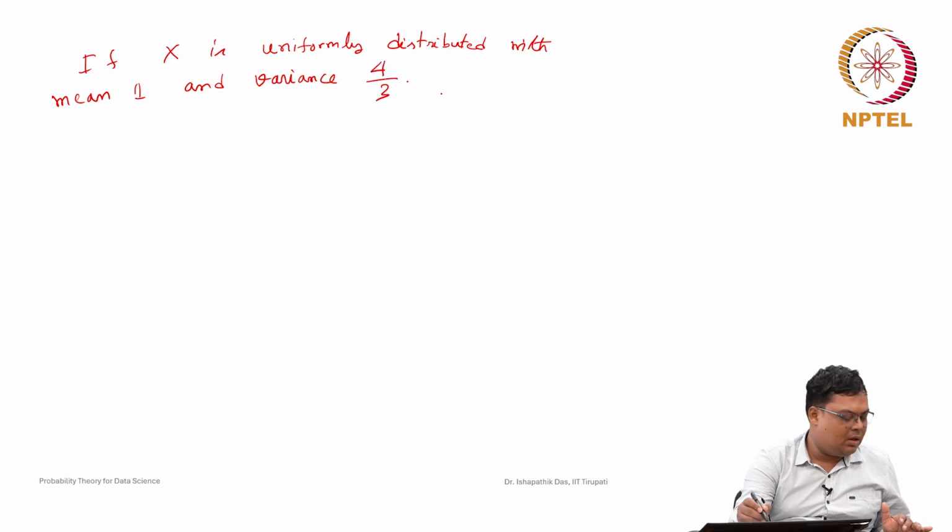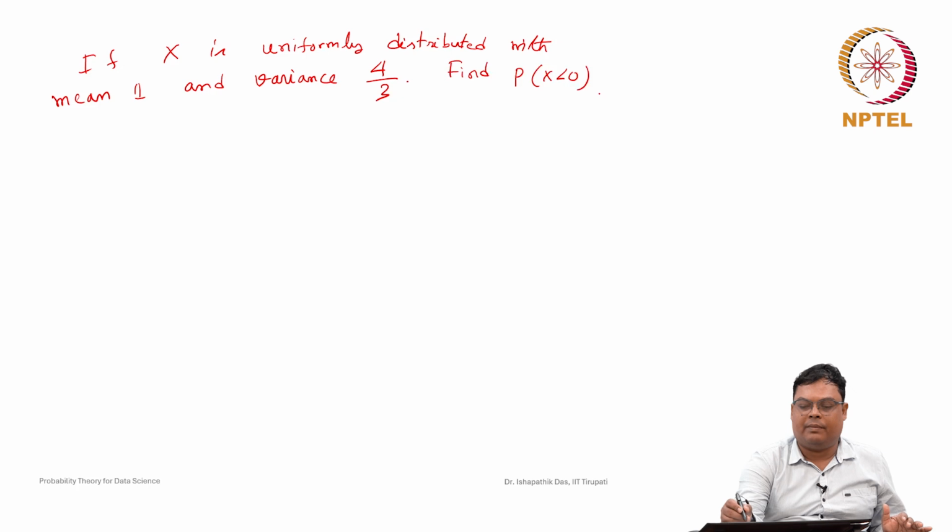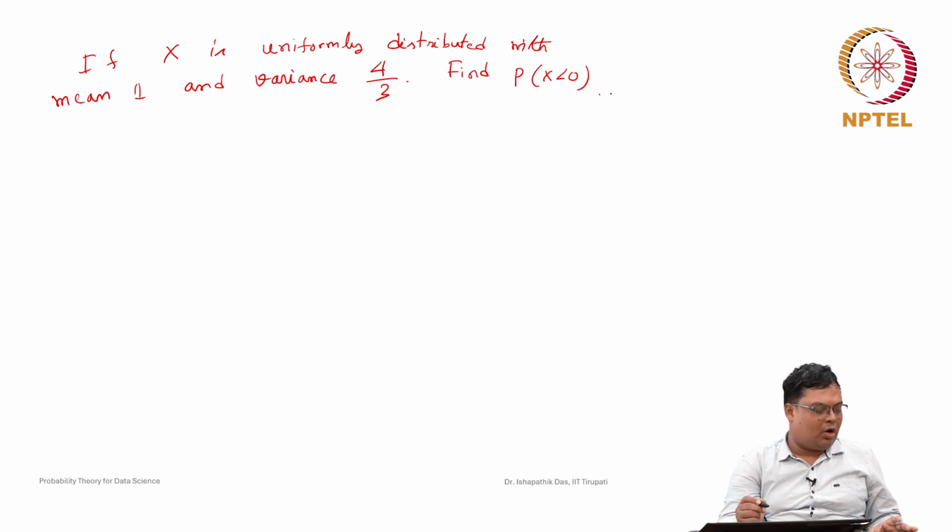Find the probability of x less than 0. So, how can we solve this problem?